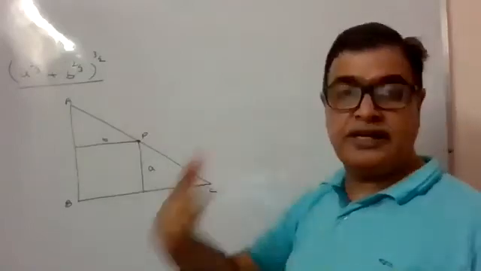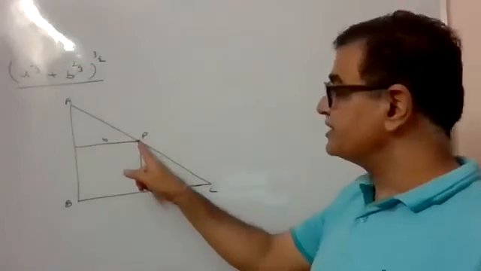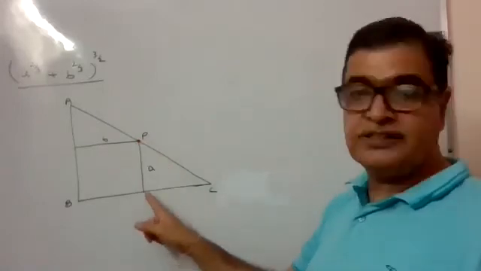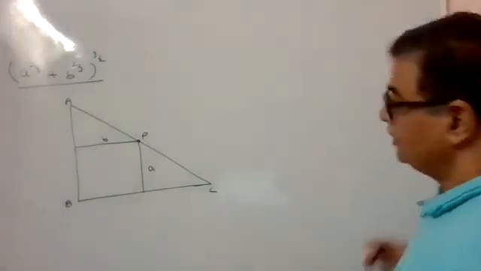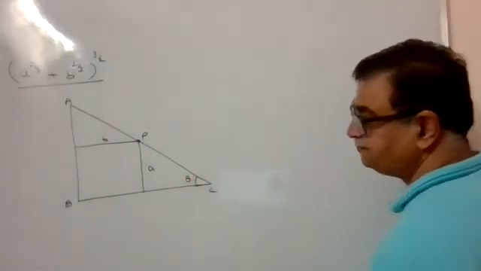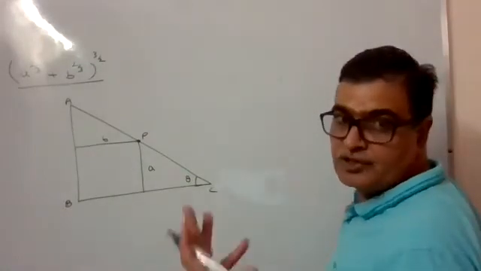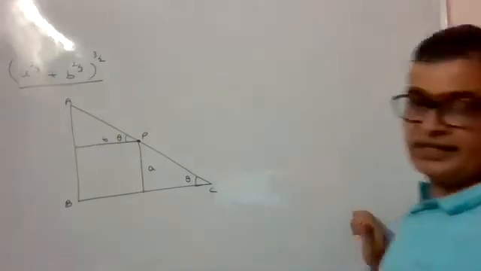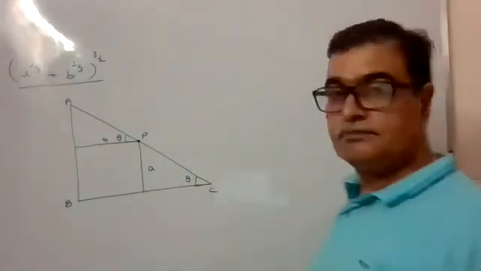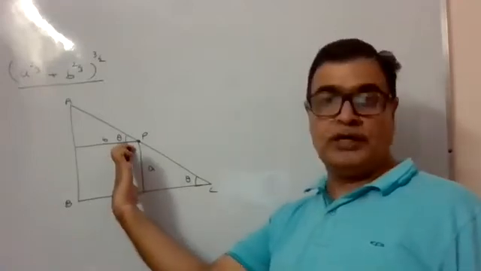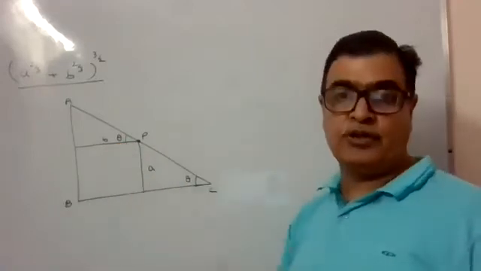A and B are clearly given as constants, which are the distances of the point on the hypotenuse. So first I take this angle as theta. Another variable is not there, so we created theta. This is also theta in that case. If I take this triangle, perpendicular is known to us, hypotenuse we have to calculate.